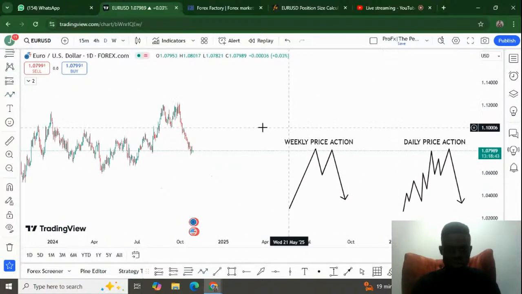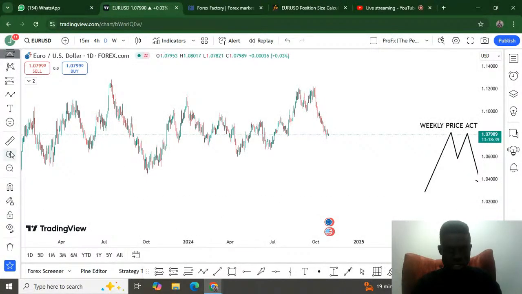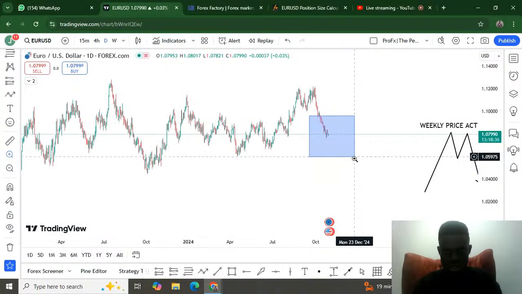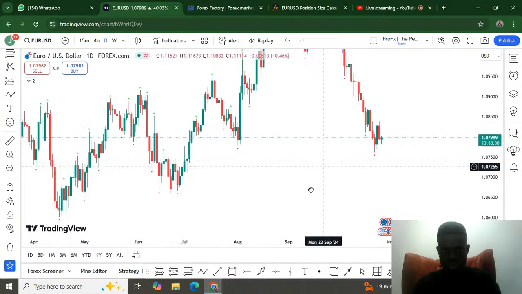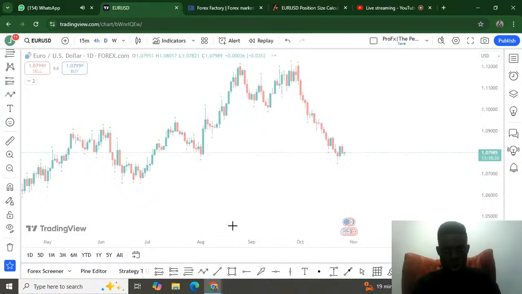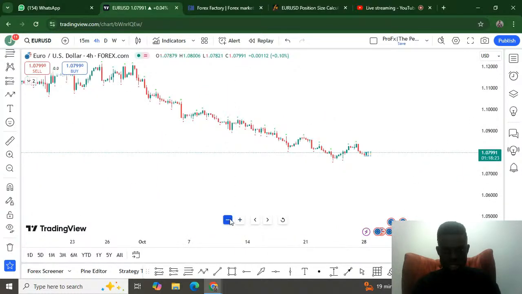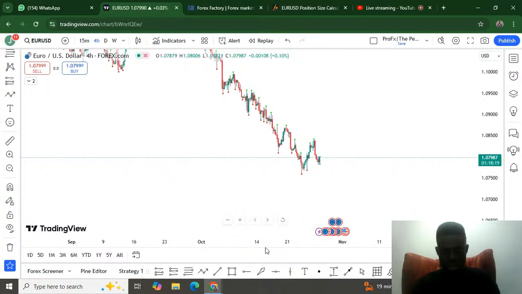But until we see that on 4 hours, the sell structure continues. So this is it. Until we see that on 4 hours, the sell structure continues. So what is the change of trend we're expecting?